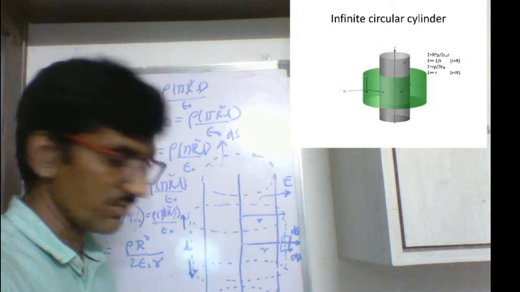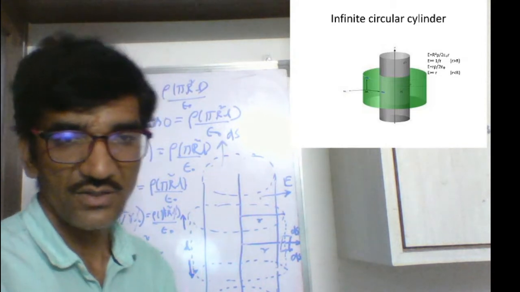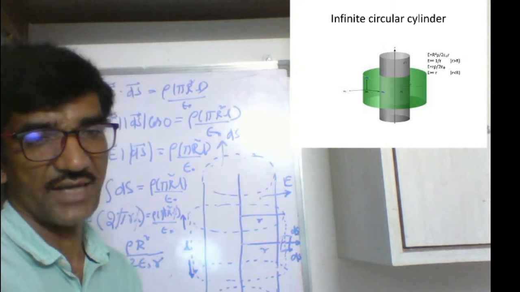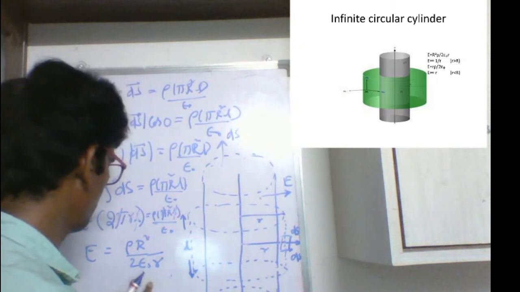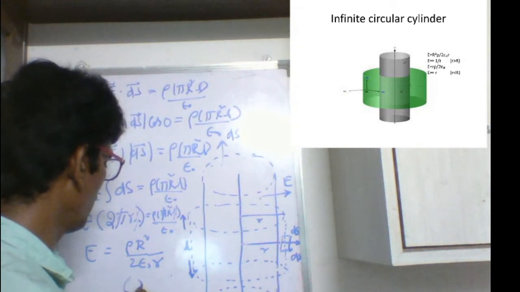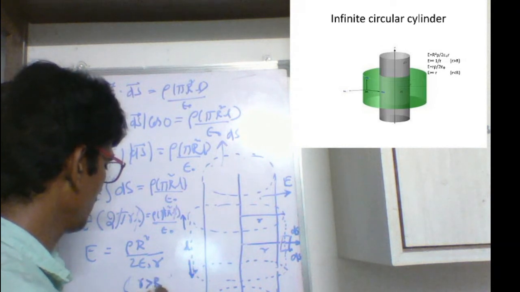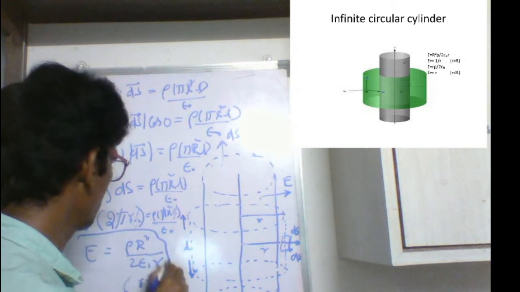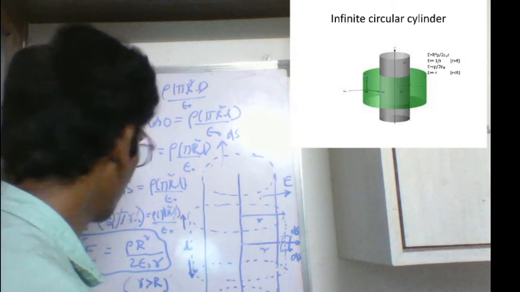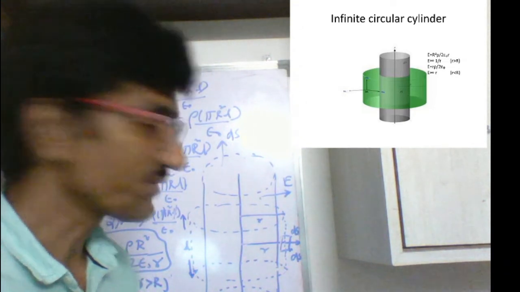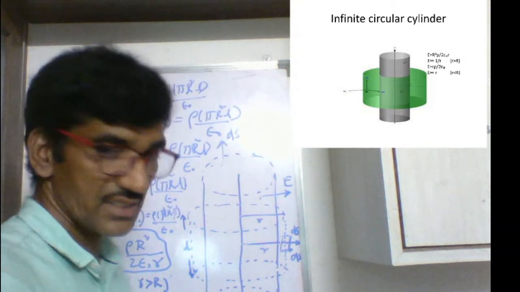This formula is applicable for points outside of the cylinder, that means r is greater than R. This applies for the first case, that means for points outside the Gaussian surface.